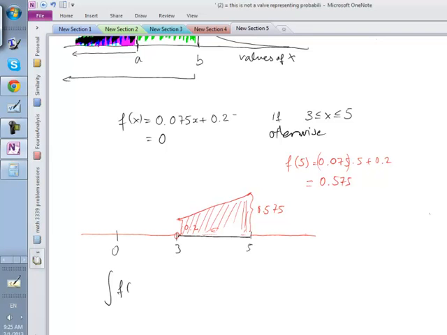but you can also use what we have mentioned so far. So we need to integrate f of x dx from negative infinity to plus infinity.